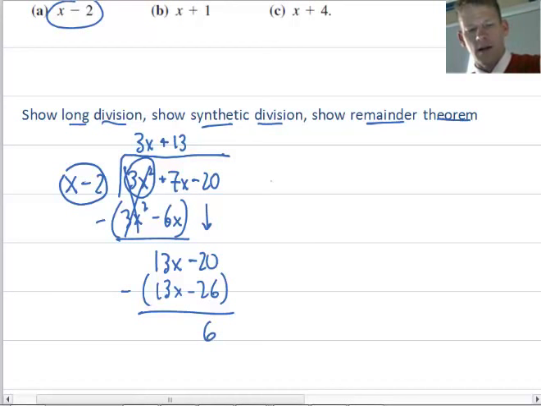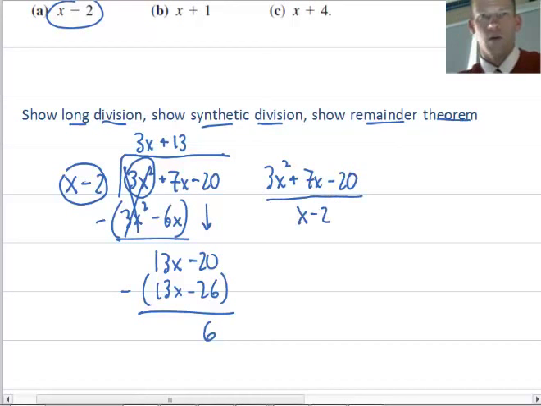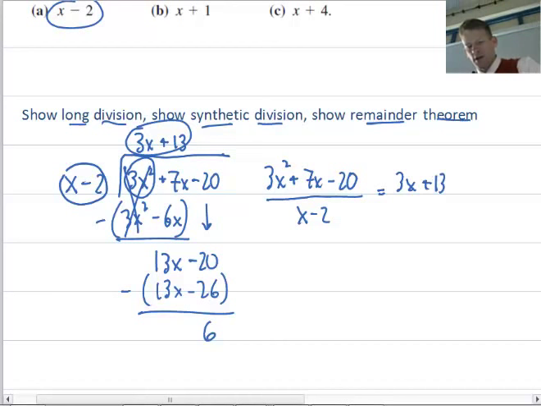So basically, I could say that 3x squared plus 7x minus 20, when I divide it by x minus 2, is going to equal what the quotient was, 3x plus 13, plus a remainder. Now I can't say plus 6 because that would make 19, and that's incorrect.